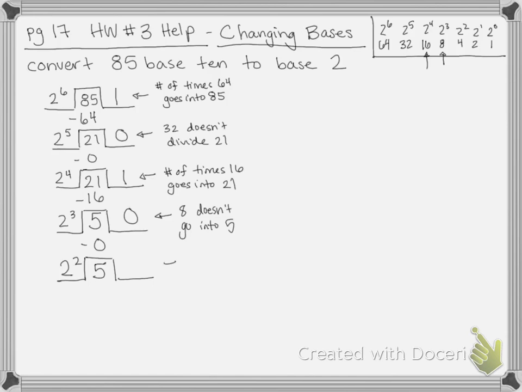And then the question is, how many times, right? The number of times 4 goes into 5. And that happens again one time. So we take away 4. And we're left with 1.